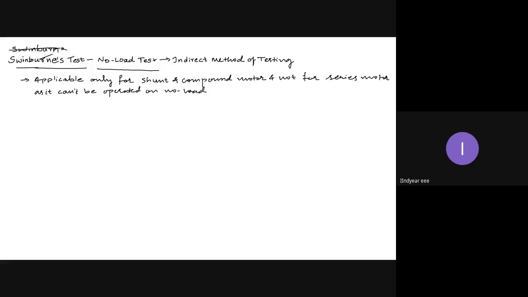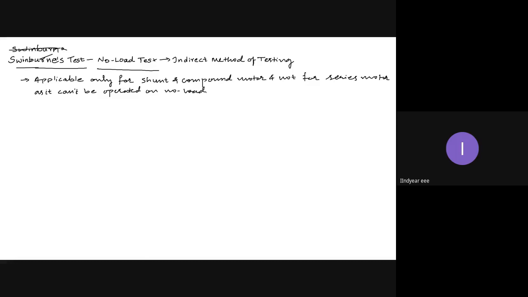Okay. What we are doing here, we are predetermining the efficiency. Why do I say predetermine? Because exclusively, even in the OC/SC test of the transformers in the previous semester, it was asked to predetermine the efficiency and regulation. Why predetermination? Because I am not actually operating the machine on the load.